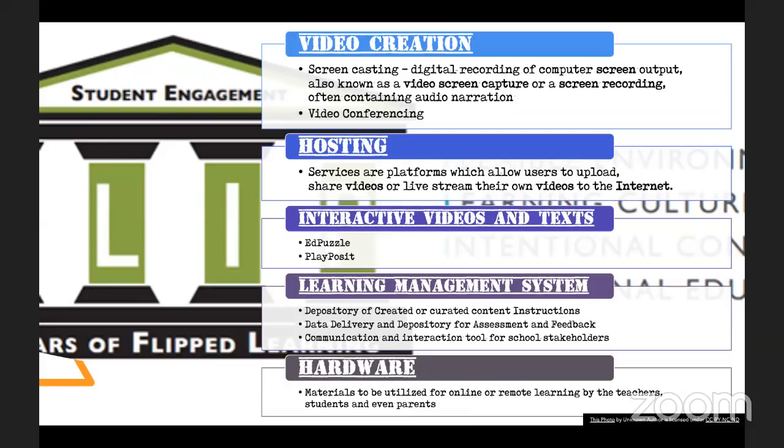Lastly, the materials that you utilize for online or remote learning would definitely be under hardware. This would include your mobile learning devices, your iPads, your laptops, or even your smartphones for that matter. You can recommend these not only for yourself as the instructor, but they also have to be standardized for your students and even for the parents.